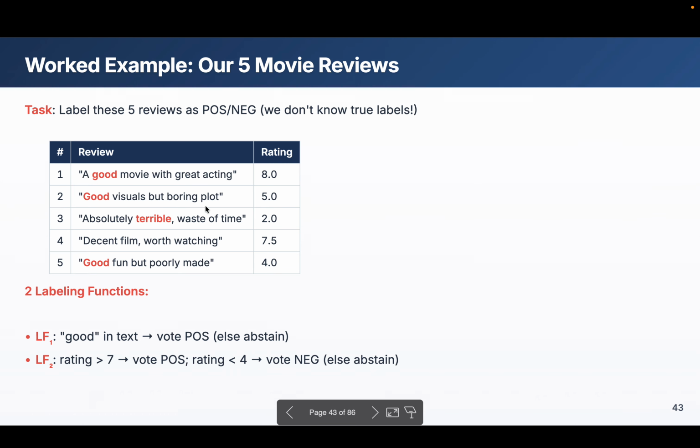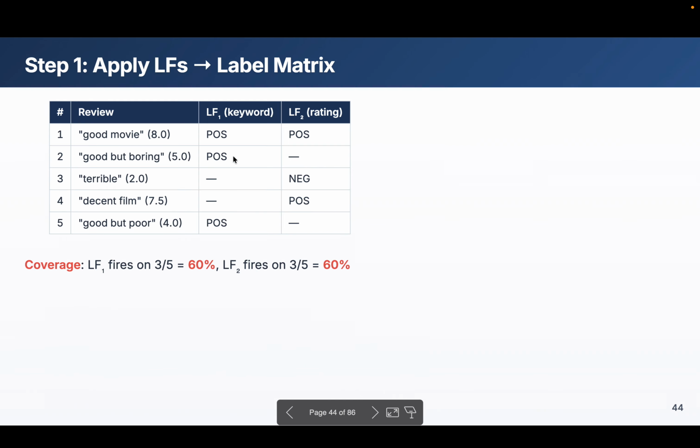Now, we will see how we can get something like this. Let us take these 5 examples. Some of the ratings are also available. The first labeling function is: if good is in the text, then vote positive, otherwise abstain. The second is: if the rating is greater than 7, vote positive; if less than 4, vote negative; else abstain. For the first example, good movie, it will be labeled positive by LF1 because the word good is there.